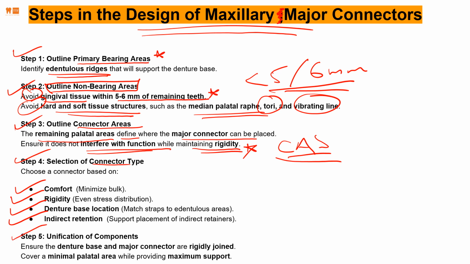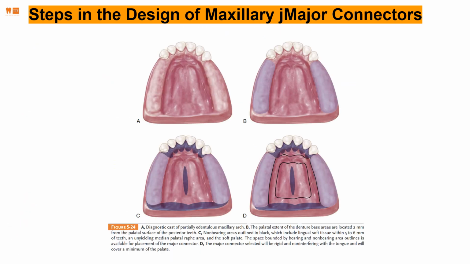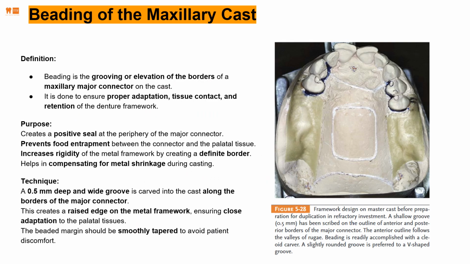Step 5, unification of all these components. Ensure that the denture base, the major connector, and everything that joins is rigid, and it covers minimal palatal surface for conservation that we wrote on the other slide. And this is just a diagrammatic representation of the same concept that we just talked about. You can stop and take a note here as well.